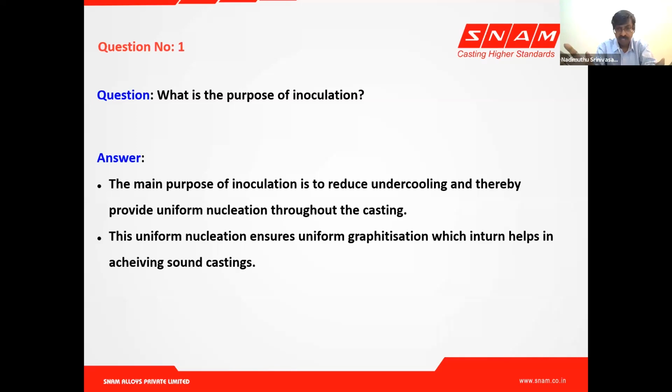You just tap it and you will see that it suddenly freezes. The same thing with undercooling: it doesn't freeze at the given liquidus point, it goes below that. And then if it suddenly solidifies, you have carbide formation. So you have to reduce that undercooling and see that the metal freezes at the eutectic temperature. This is the main purpose of inoculation. By doing that, there is uniform graphitization, and that helps achieve a good casting.